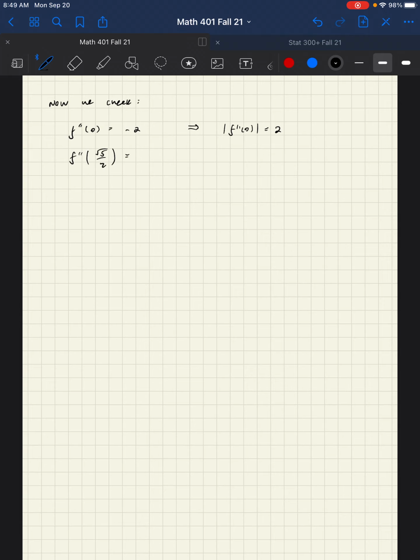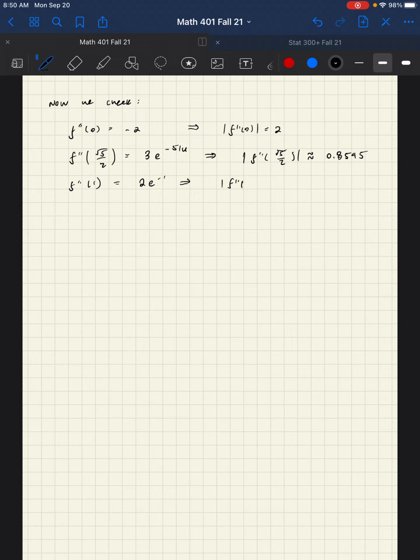As for root 5 over 2, if you plug that in, you can pause here and check that what I'm doing here is correct. That's 3e to the negative 5 over 4, which roughly means the absolute value of that is on the order of 0.8595.